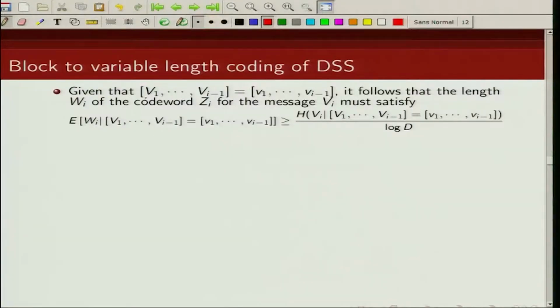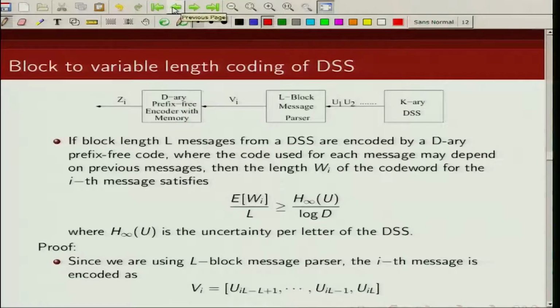So let V1, V2, Vi be denoted by this particular instance. Just a second, let us go back and see the notation. We are using Ui's to denote the output of a discrete stationary source. Now these Ui's you are parsing into blocks of L letters, and we are using Vi to denote these blocks.